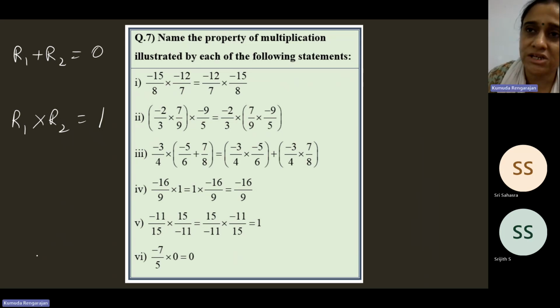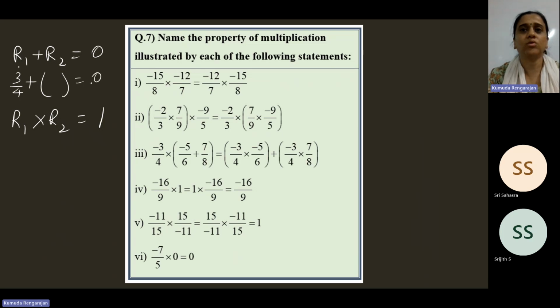Multiplicative inverse means rational number 1 into rational number 2 is equal to 1. So if you take the rational number 3 by 4 plus what is 0? Minus 3 by 4. So minus 3 by 4 is the additive inverse of 3 by 4, and 3 by 4 is the additive inverse of minus 3 by 4.